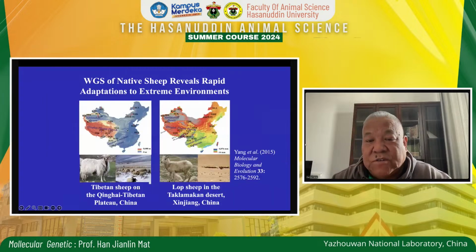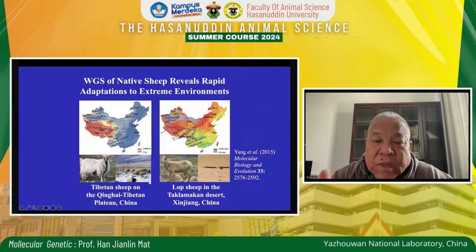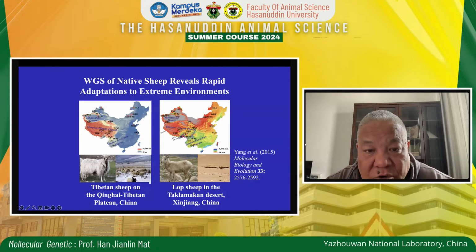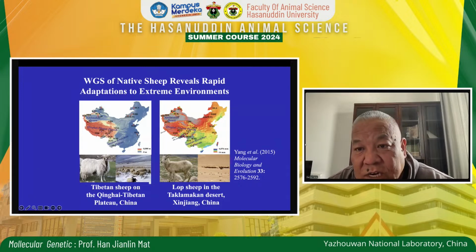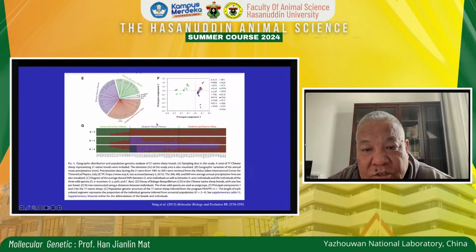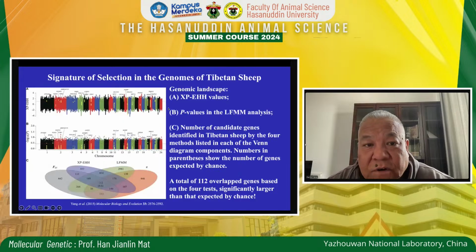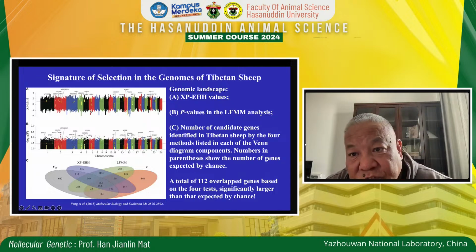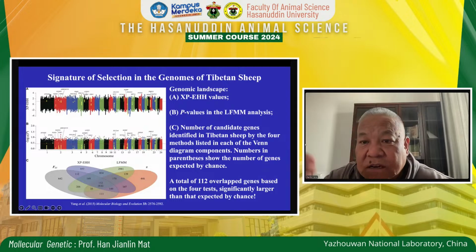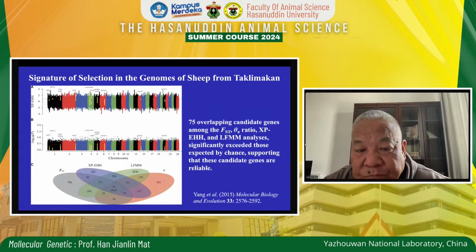And we can collect enough samples looking at breeds of sheep living at high altitude or low altitude. We can sort the genomic pattern into 2 groups, low altitude and high altitude sheep. Then we can scan the genome to identify genes associated with high altitude adaptation or adaptation to dry environments.